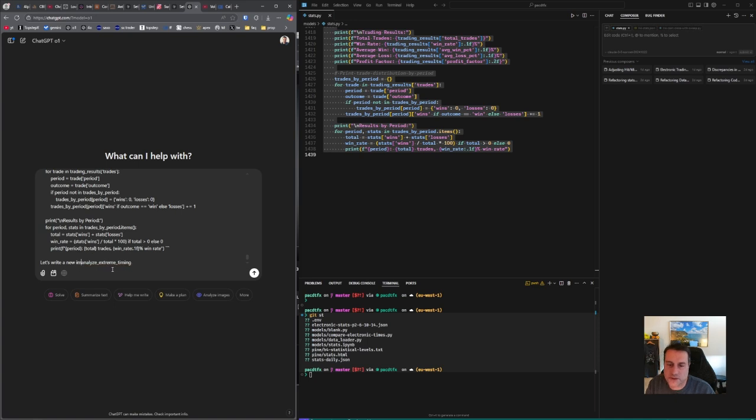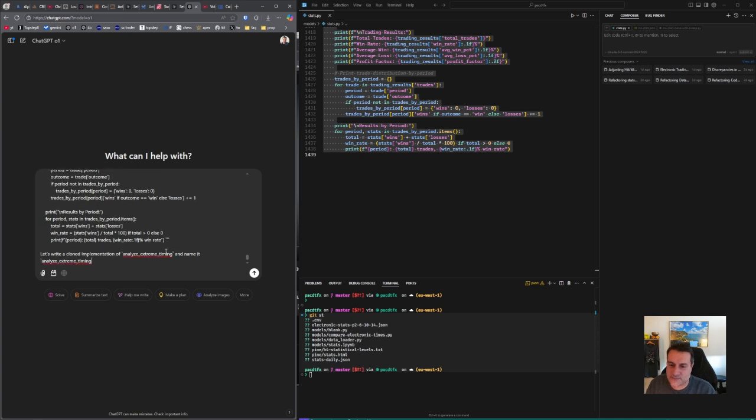a new, cloned implementation of analyzer stream timing. And we name it analyze reversal levels.